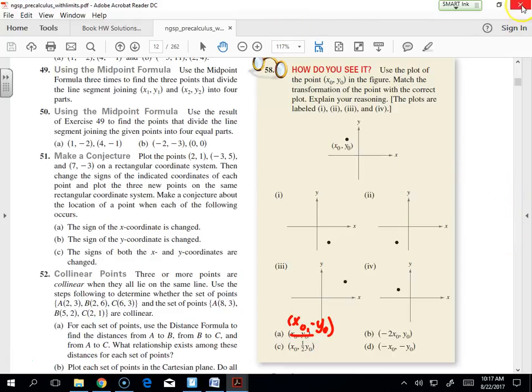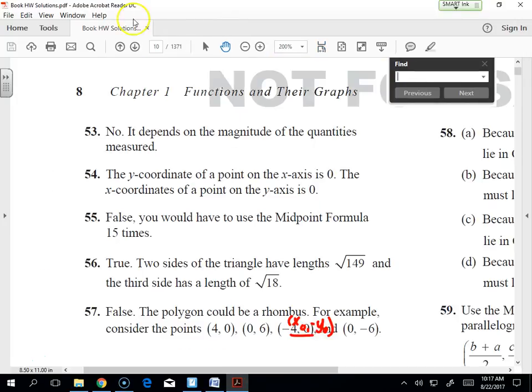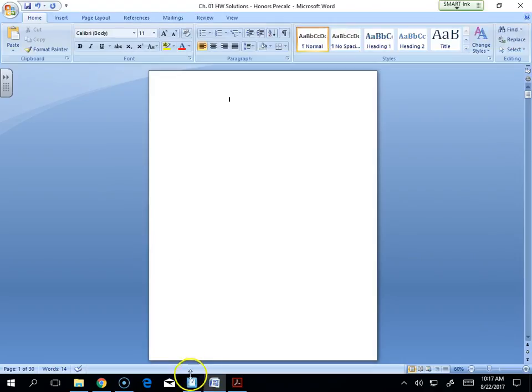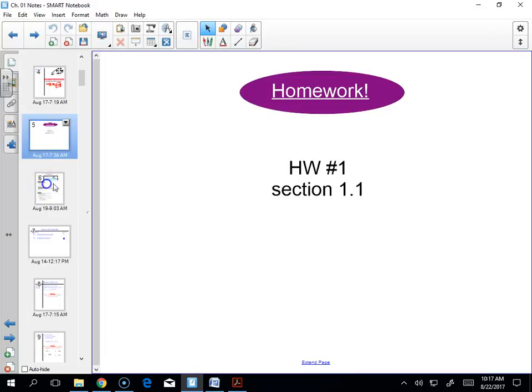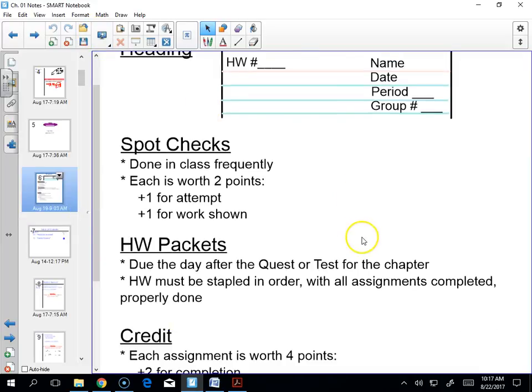All right, cool kids. Let's go ahead and start section 1.2. A lot of this has kind of changed over the years.